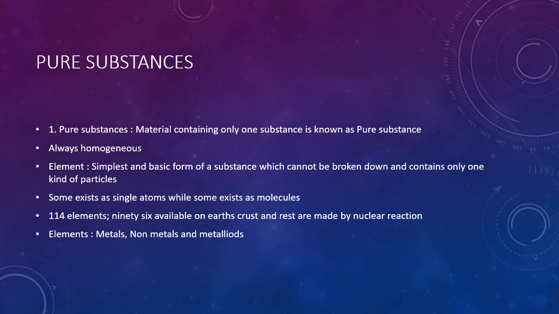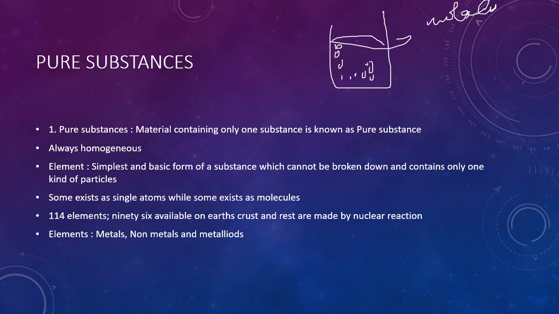Pure substances are those substances which have only one kind of particle in them. For example, if you take water, it should contain only one kind of particle, as in molecule. Consider particles as molecules here. If it has only water here, then it is a pure substance.